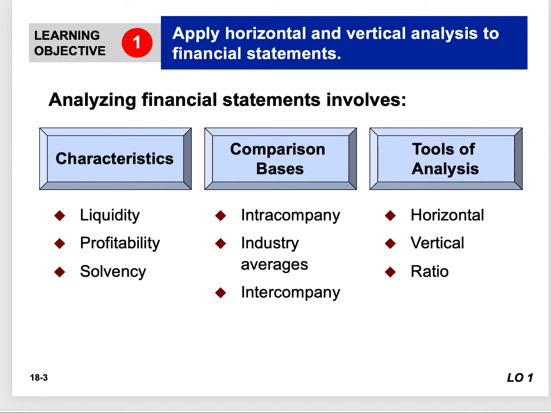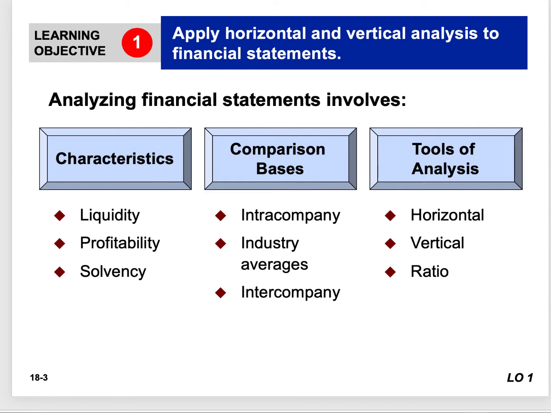In order to understand the characteristics of a company, we're really asking what's the company's solvency? How solvent is the company? Is the company profitable? How much liquidity does the company have?